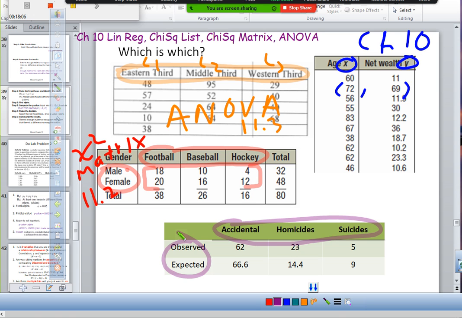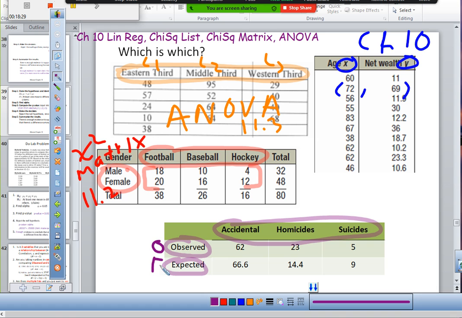Is what's along here 2 different categories? Observed and expected, those 2 different categories? They're actually the same category. It's just observed, and then you have these expecteds that go with them. They're 2 separate things. So this is my O and my E. So really, this is my list right here. So this is the chi-squared list.